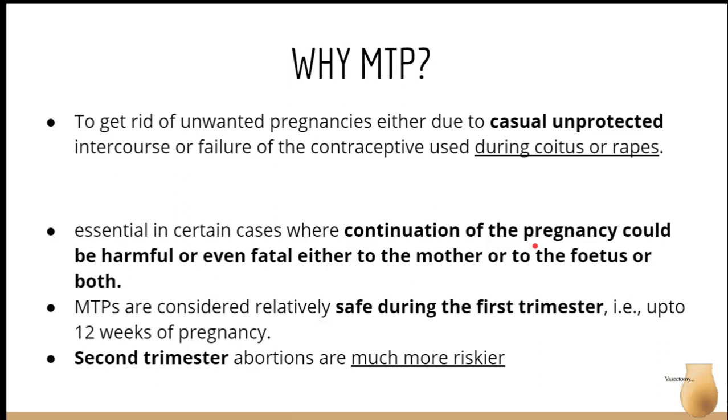Why is MTP required? Why should abortion be done? The reason is unwanted pregnancies, either due to casual unprotected intercourse, that means without using contraceptive devices, or maybe sometimes due to failure of the contraceptive device during casual wanted coitus, or unwanted coitus like rapes.